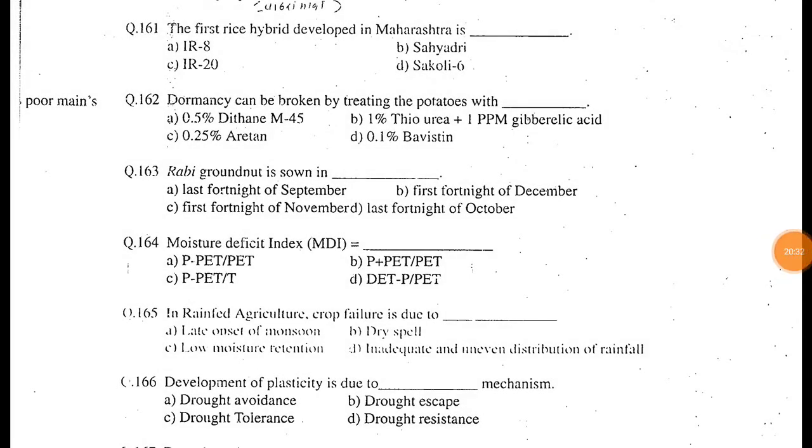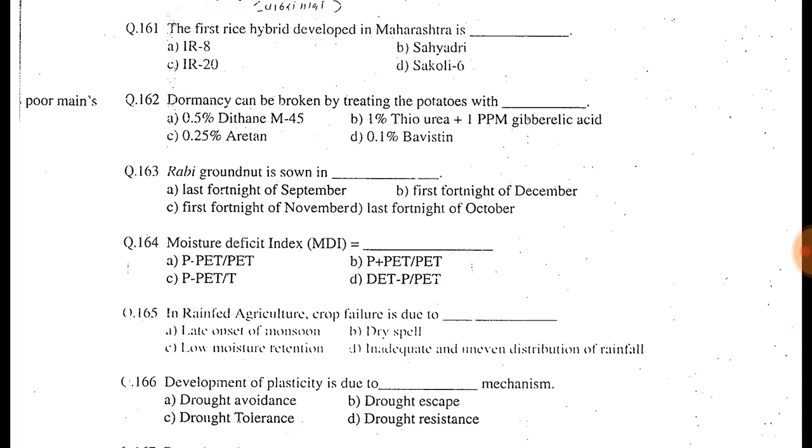The first rice hybrid developed in Maharashtra is Sahyadri. 162. Dormancy can be broken by treating the potatoes with 1% thiourea. 163. Rabi groundnut is sown in the last fortnight of September. Question 164. Moisture deficit index is equal to PET upon PET.